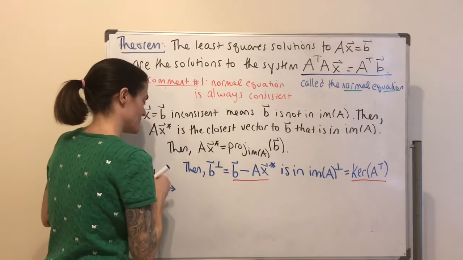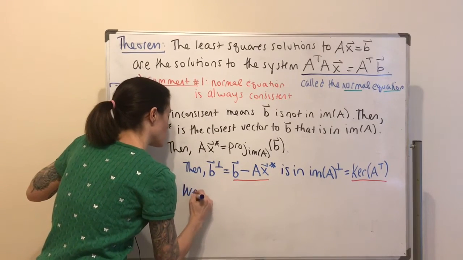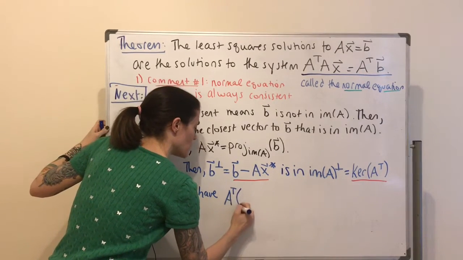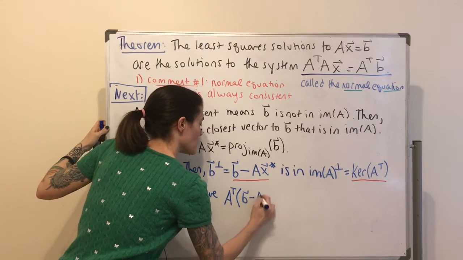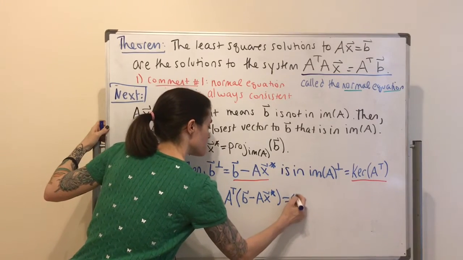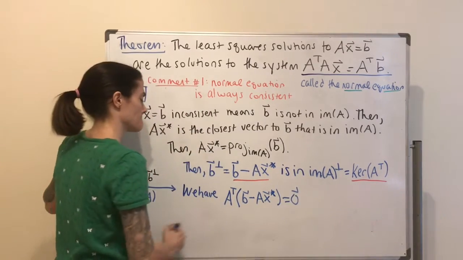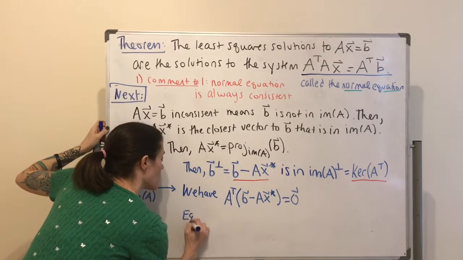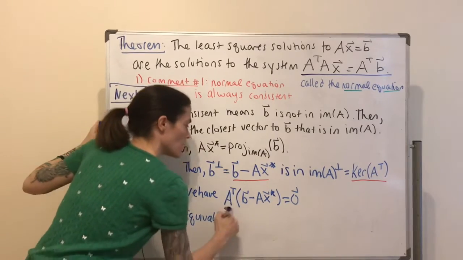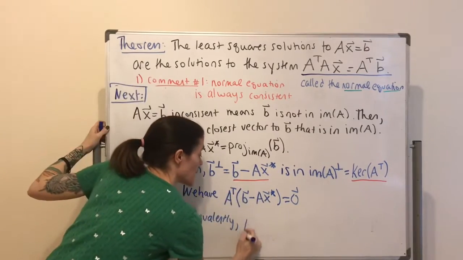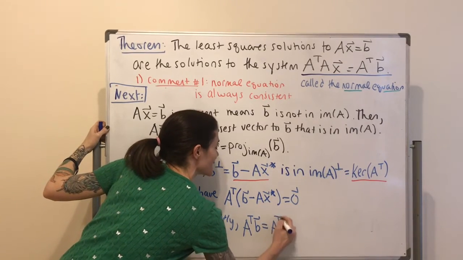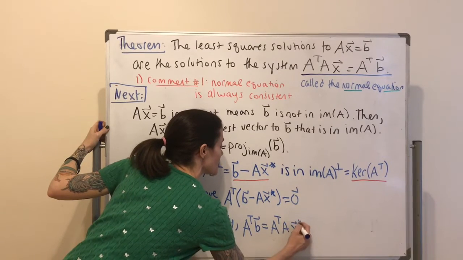Okay, so we have, rearranging, if you multiply and rearrange, we get A transpose B equals A transpose A times this vector.